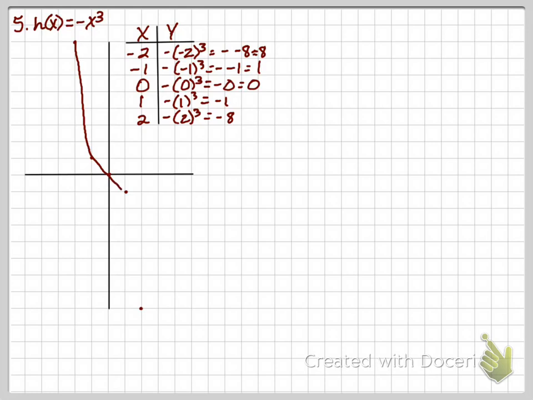I plot out my points and I connect my dots, and there is my negative cubic function. Arrows on both ends because it continues on.